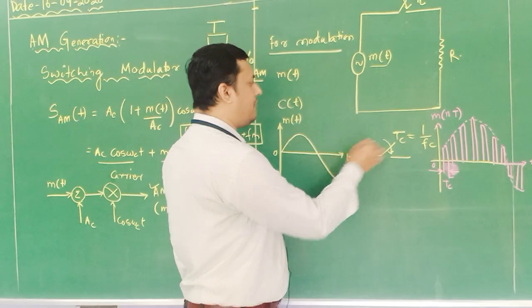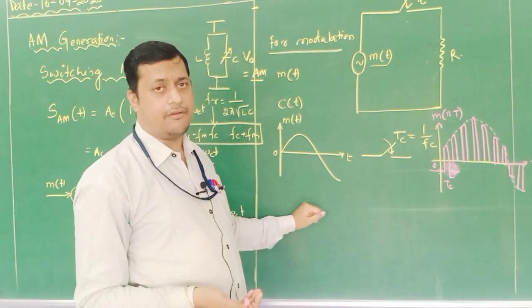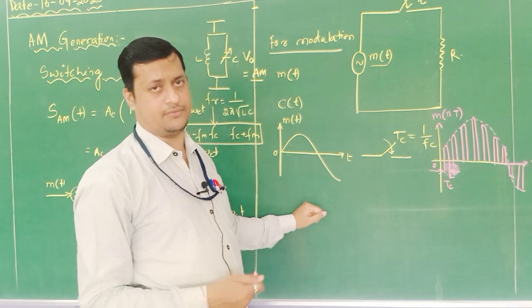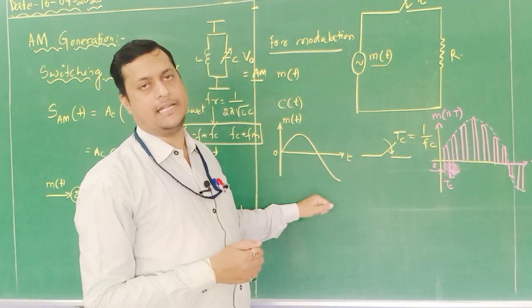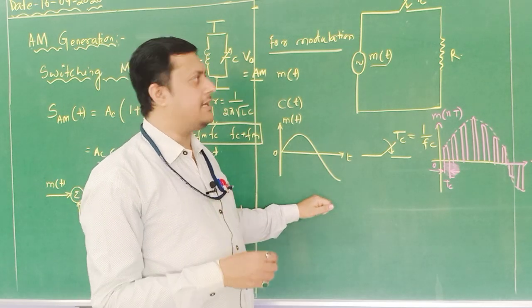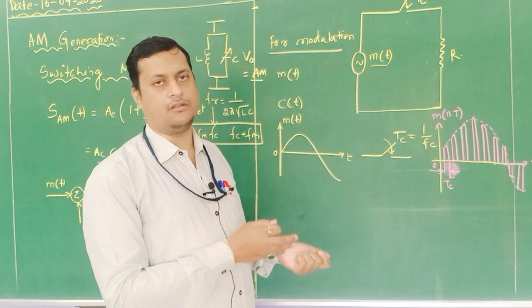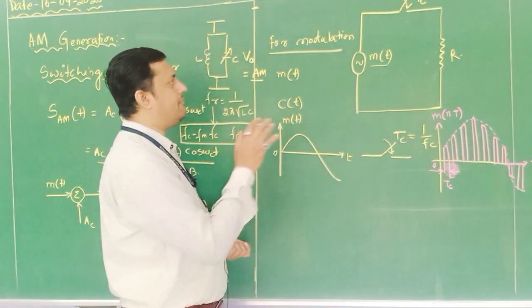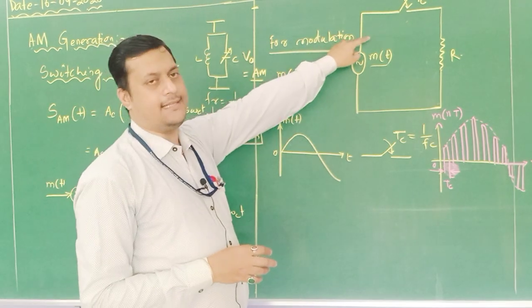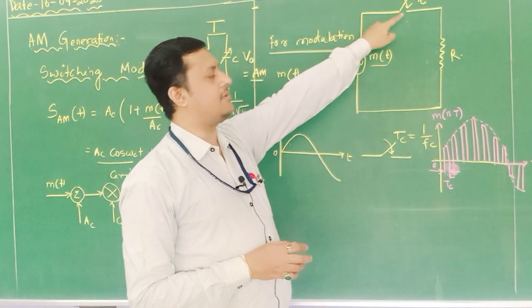Now once these waveforms are identified, how do we analyze all these waveforms in mathematical terms? For that, there is one small derivation through which we can identify all these relations, for the positive half as well as for the negative half. For the time being, for a switching circuit, we have considered a message component and a switch.